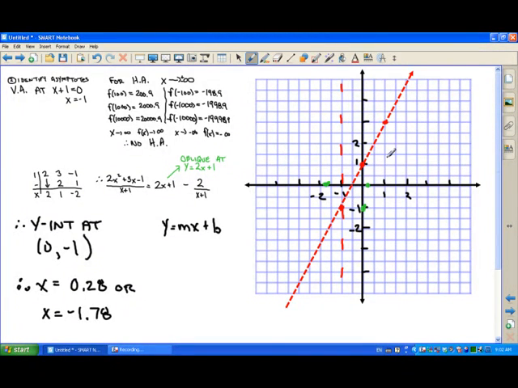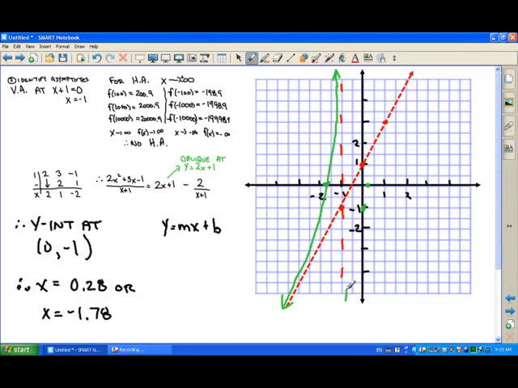We get close to the asymptotes, but we never quite reach them. So I know I'm going to be getting close to negative 1, but I'm never going to reach it. I know I have to pass through my x-intercept, and I'm going to get close to the oblique asymptote, but I'm never going to reach it.